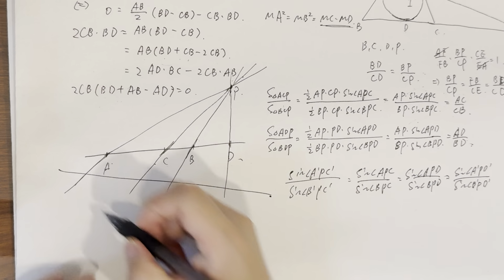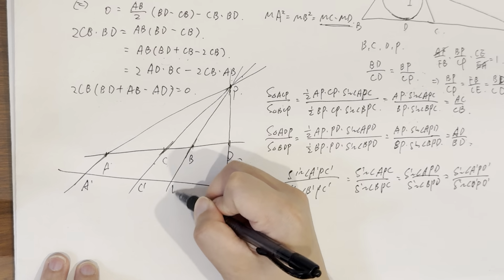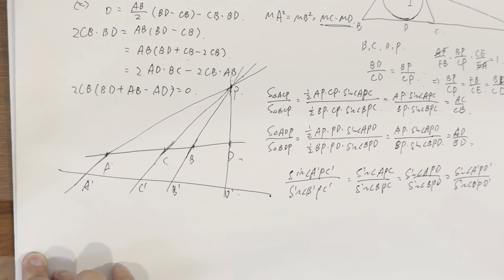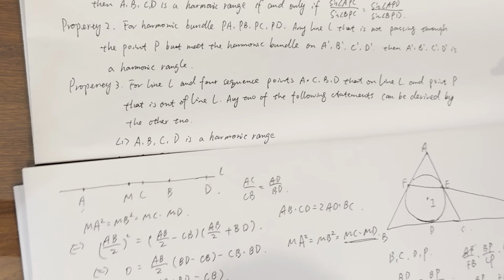This is true. So that means A prime, C prime, B prime, D prime is still a harmonic range. Okay.